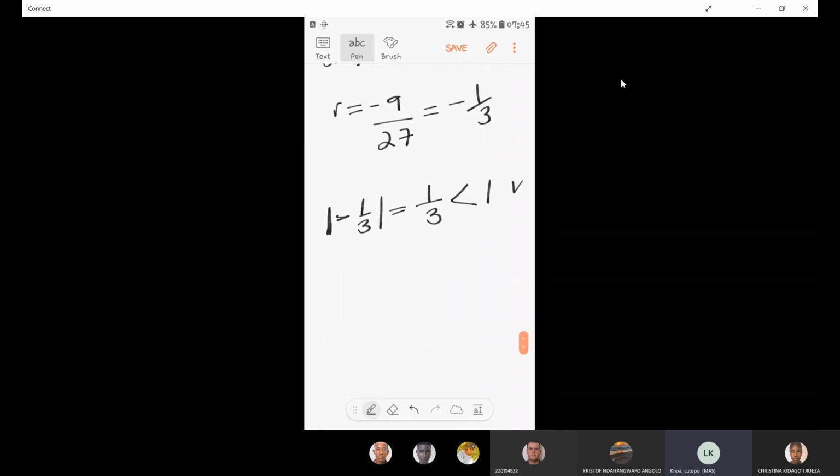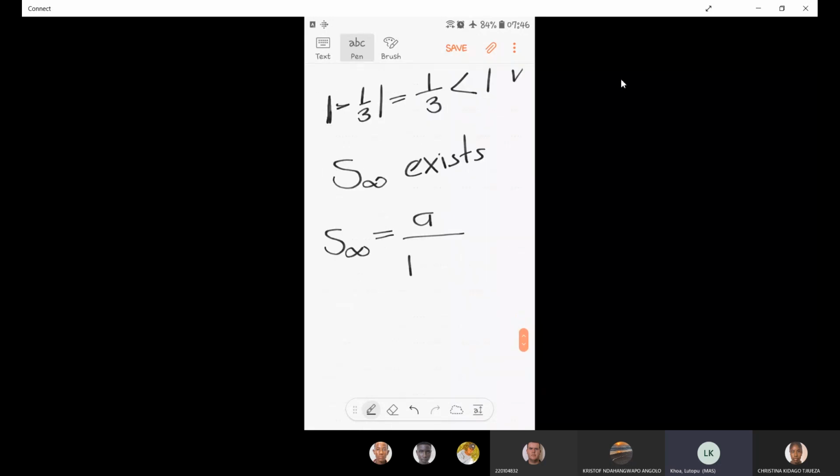So here you can say S to infinity exists. And then now we work it out. The sum to infinity, I'll write down the formula. This is a, which is your first term, divided by 1 minus r.